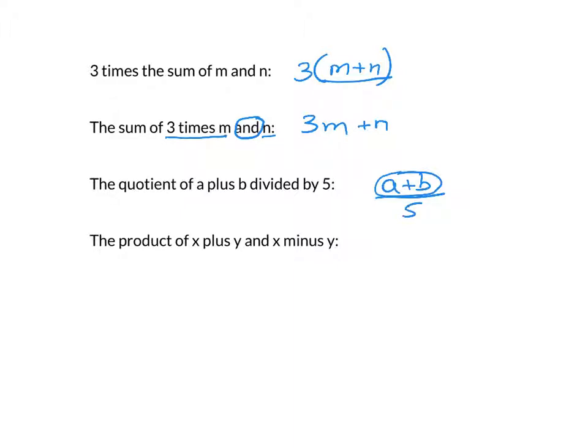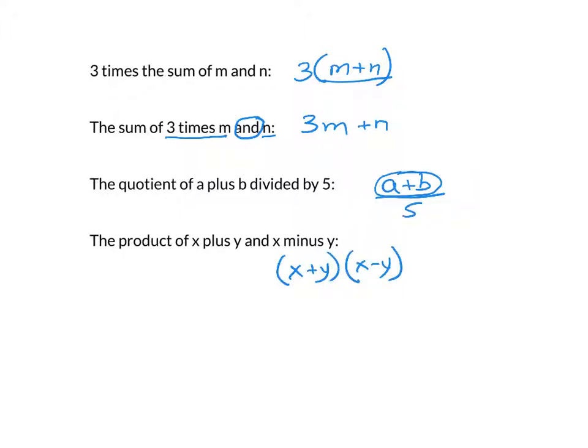And then the last one, the product of x plus y and x minus y. So I know I need multiplication. x plus y would be written this way, x minus y would be written this way, and I want the product of the 2, so I'm going to be multiplying those.